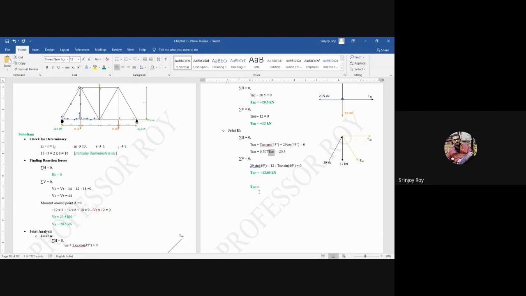Minus 20.5 minus 0.707 into minus 29. So it's coming minus 29, isn't it? Yes or no?